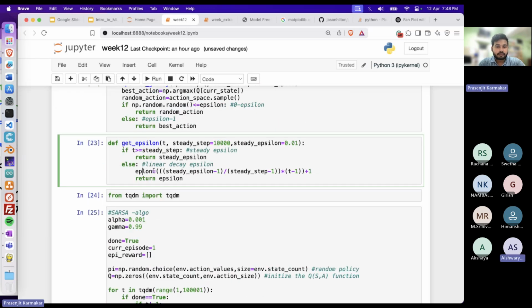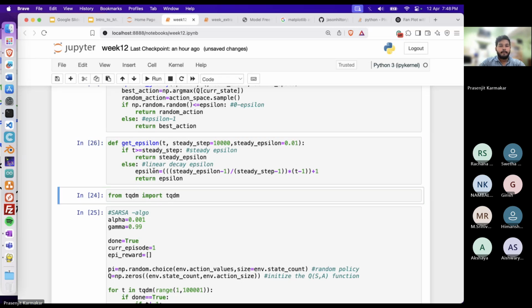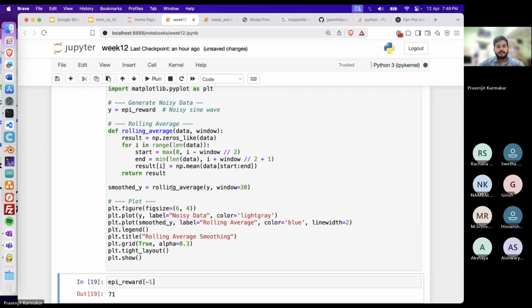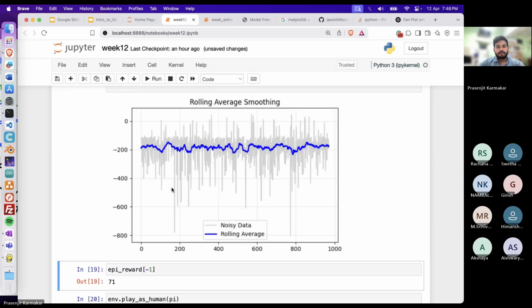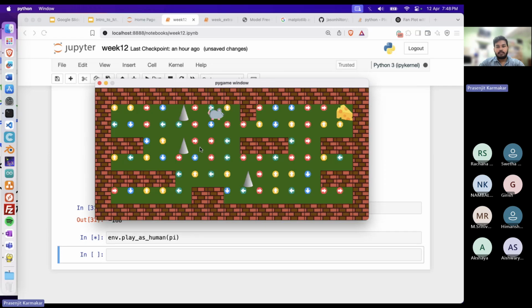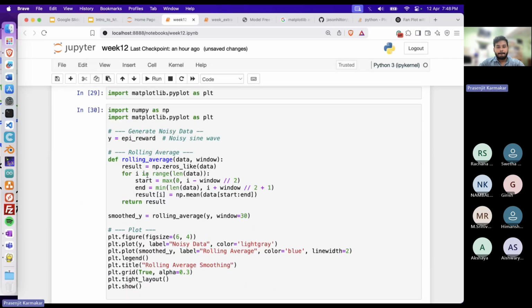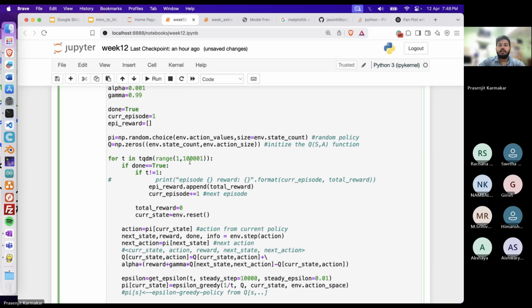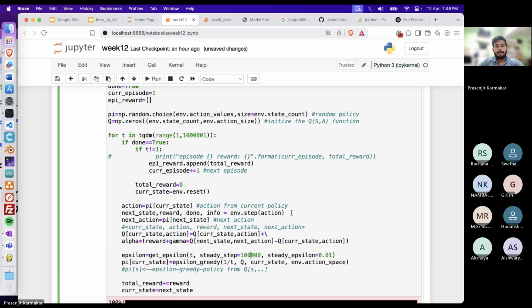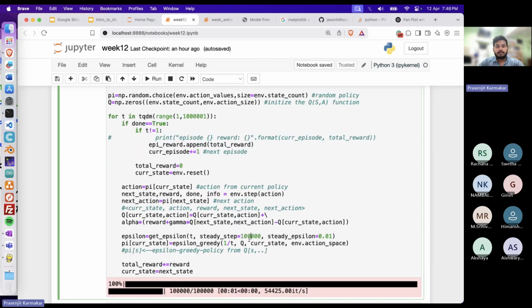Okay, done. I have to explore more. See, it's still random, right? So my number of steps should be 10 lakh, and let's say I explore for 50,000, not all 1 lakh.